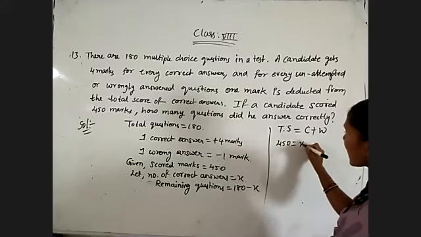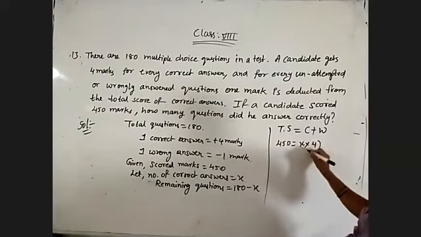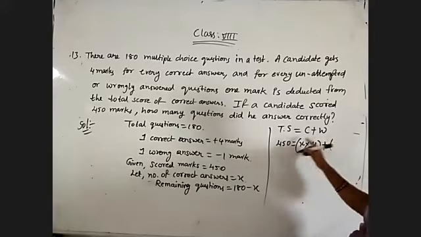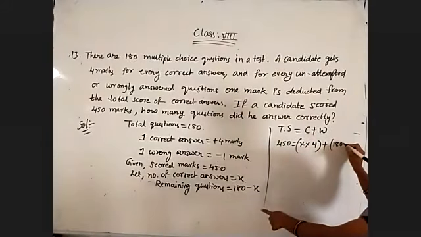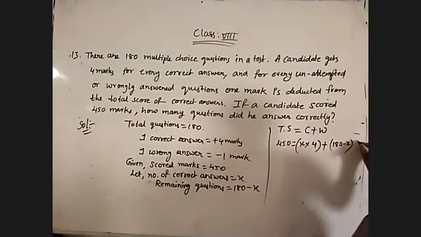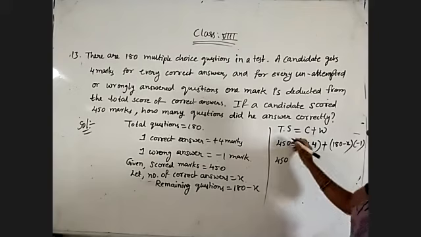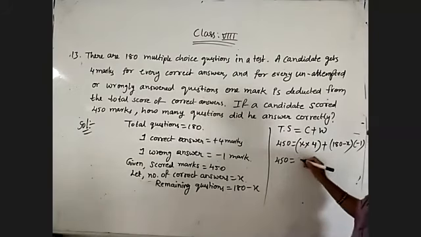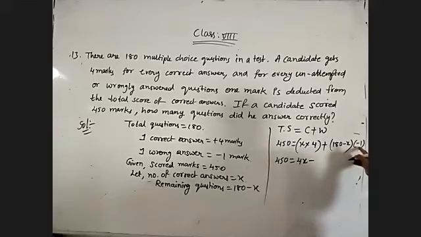Correct answers x. For every correct answer plus 4 marks are given. And for every wrong answer minus 1 mark, and the number of incorrect answers is 180 minus x, and for every incorrect answer minus 1. That's all. If you form this equation, it is very simple. 450 equals 4 into x is 4x minus 180 ones are 180, plus into minus, minus minus into minus, plus 1 into x, x.